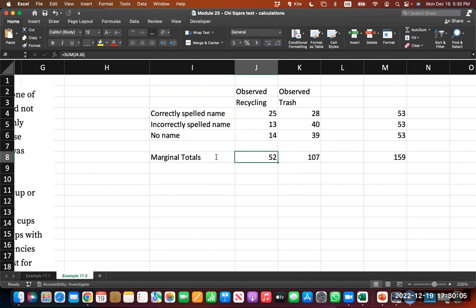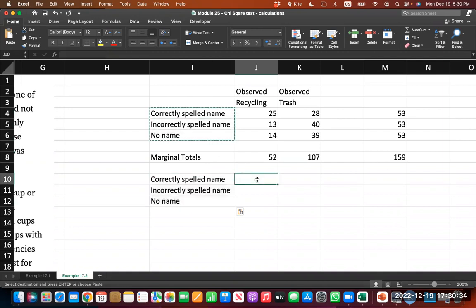When you think about it, if you would not see any difference between these three groups, you know the outcome, you know how many were in the trash. But if you would not know the assignment to either group, what would be the expected count? Exactly, it would be equal between all three groups. So the way you would calculate this would basically be 52 divided by 3, and that would be the same for all three groups.